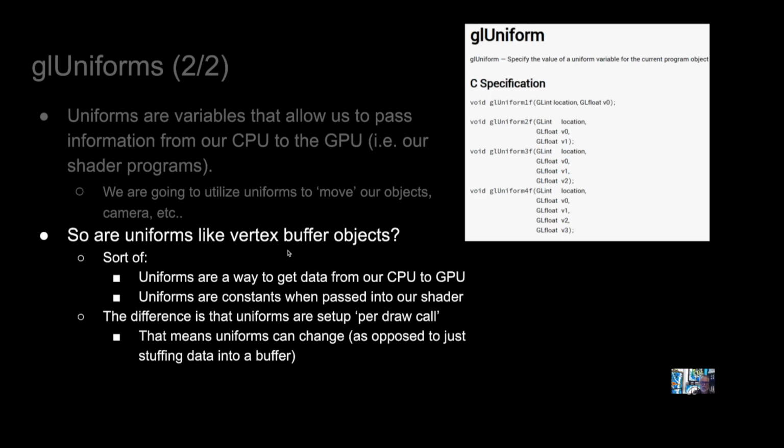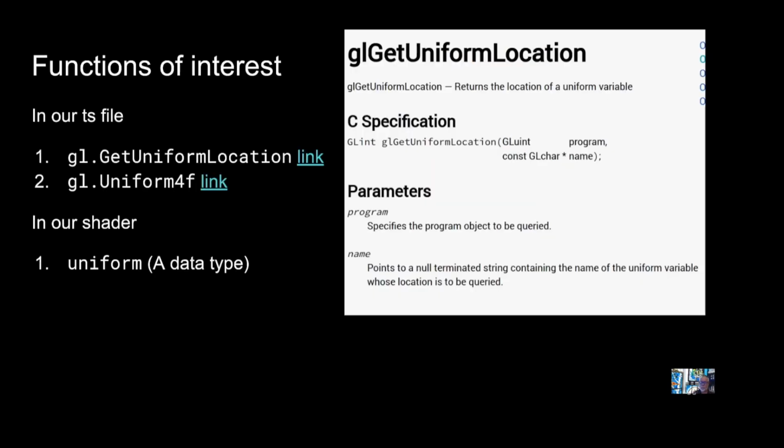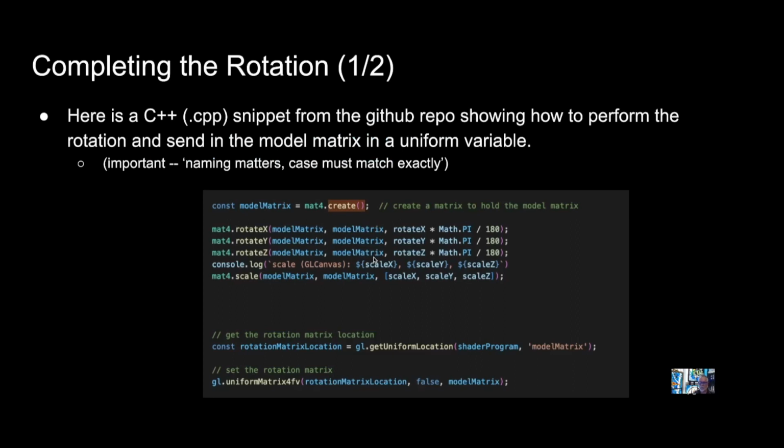So they're like vertex buffers. They kind of are, but they're passing a different type of data across. So basically, what you do is you get the uniform location and you set it. So in our shader, we say, I'm using this uniform here.